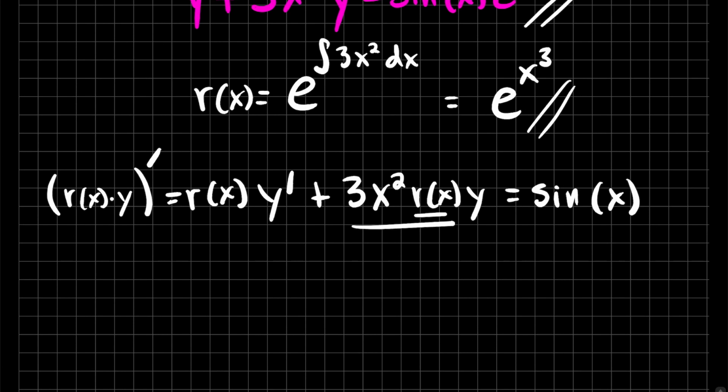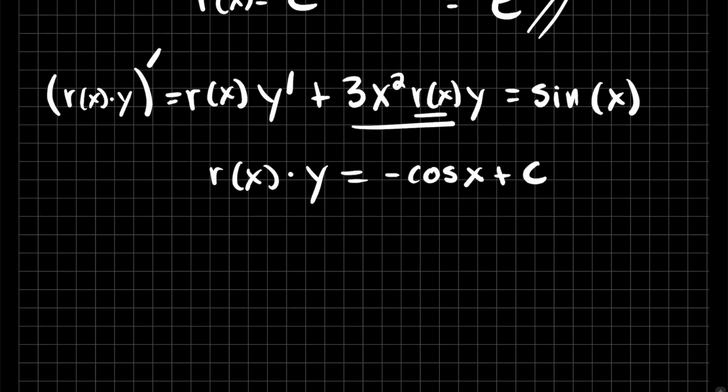You then integrate both sides to get r of x times y, and the antiderivative of sine of x is going to be negative cosine of x plus some constant. So now we can solve for y and multiply by the inverse of r of x.